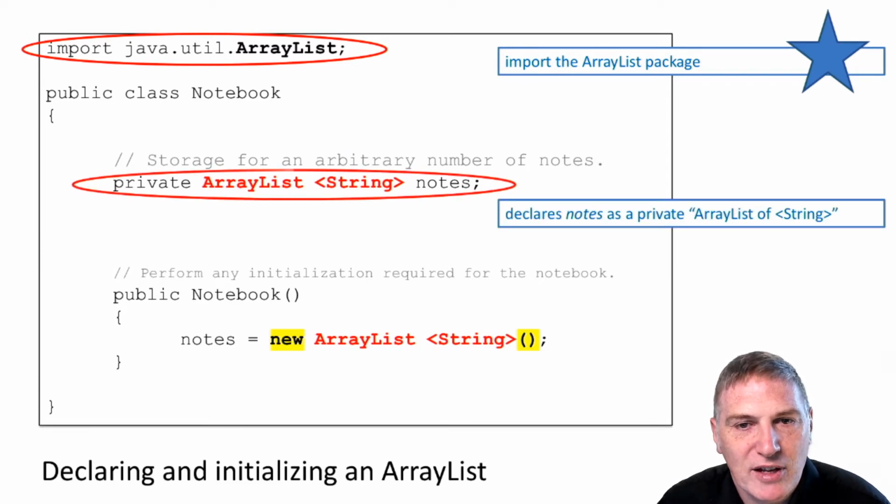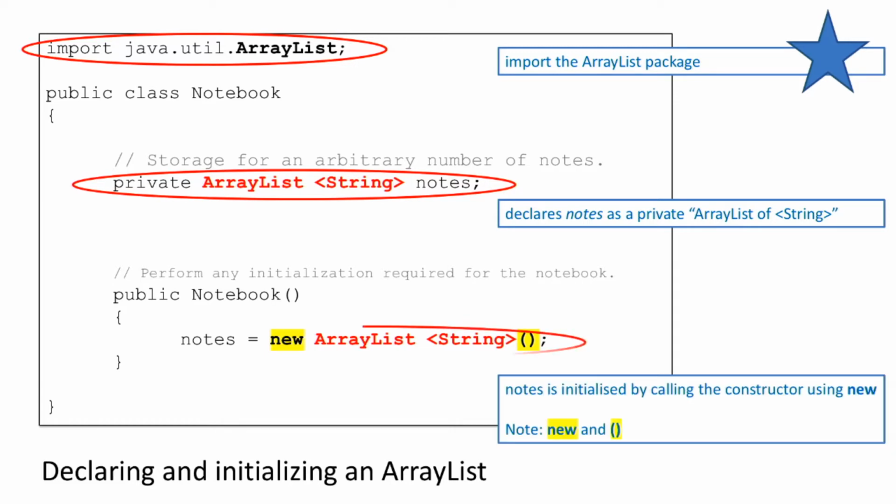Here, notes is a private object variable of type array list of strings. So array list is a keyword, and it's a parameterized object. So the parameter is angle brackets, and inside the angle brackets, we put an object type. So this declares notes as a private array list of strings.